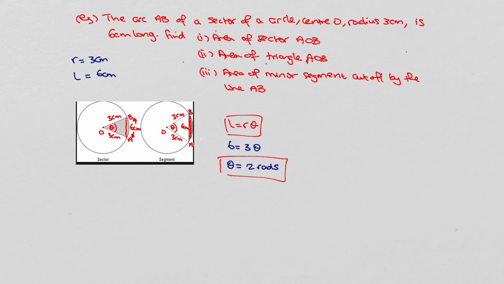Now if I find the area of the sector AOB, I have my angle in radians, which means the area of the sector is a half r squared theta. So A is equal to a half times r squared times theta, and therefore the area is 9 centimetres squared.